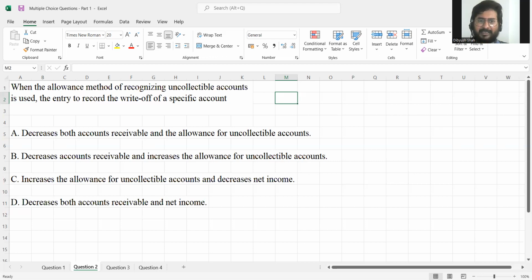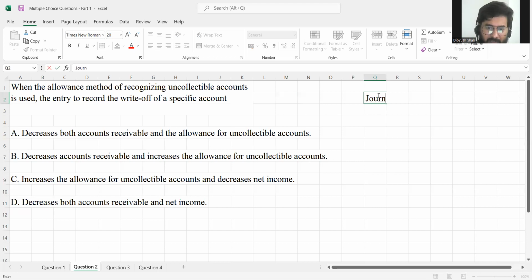A, will it decrease both accounts receivable and allowance for uncollectibles? B, will it decrease accounts receivable and increase the allowance? C, will it increase the allowance and decrease net income? Or D, decrease both AR and net income? Let's look at the journal entry. Once you are proficient, you don't need to do this. So the write-off journal entry will be allowance debit, accounts receivable credit.